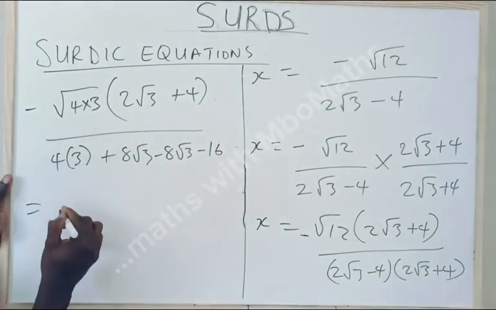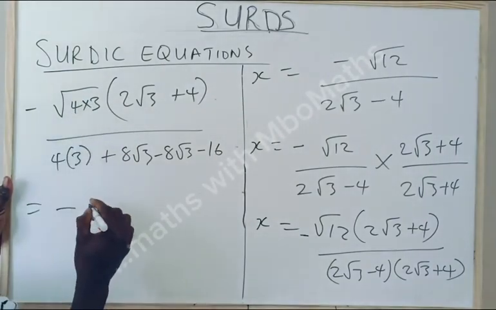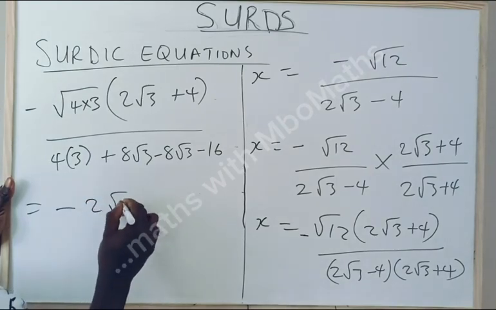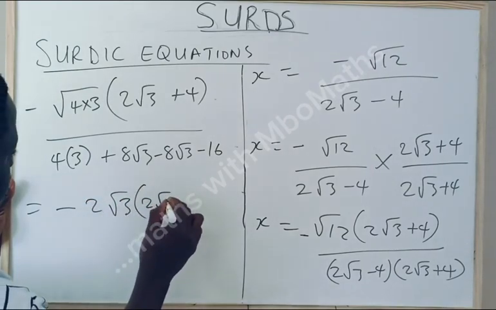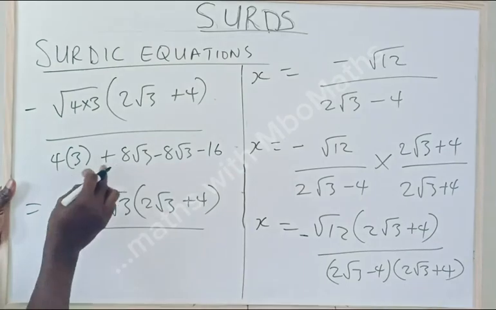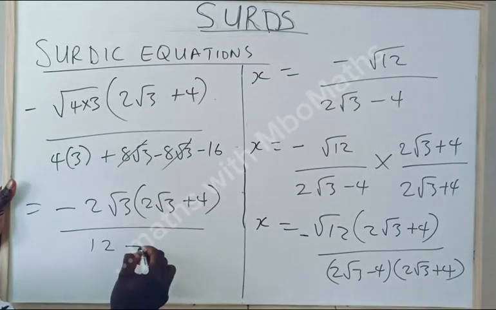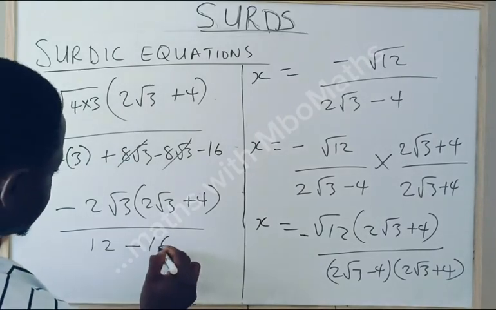If we continue, we're going to have minus this, the square root of 4 is what? 2. It gives us minus 2 root 3 into 2 root 3 plus 4 all over, this and this will go, we have 12 minus 16.